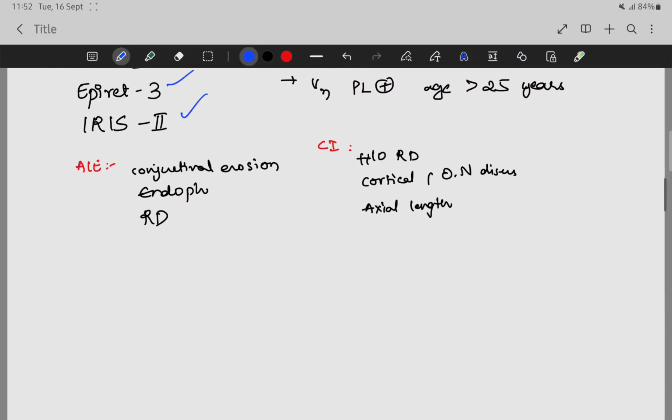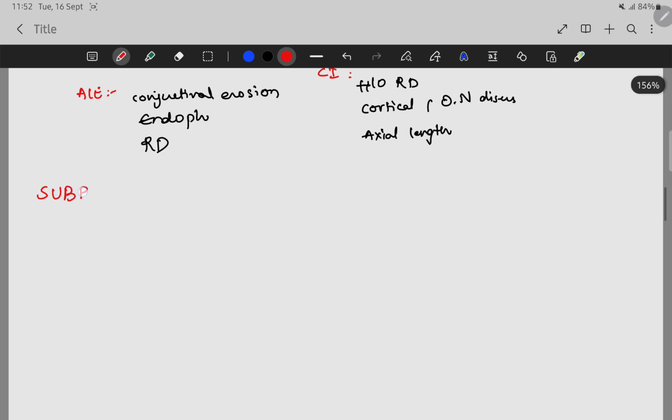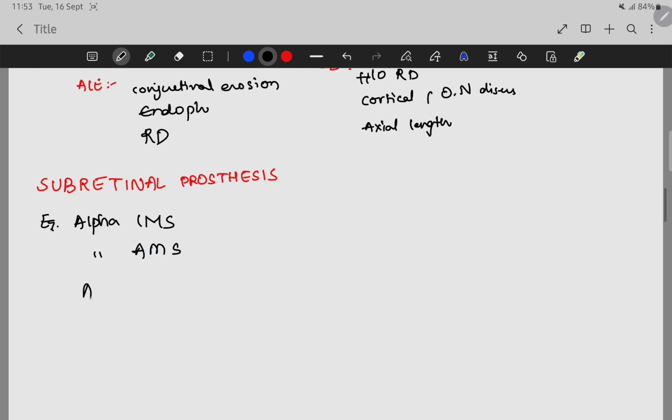So coming to subretinal prosthesis. The examples are alpha IMS, alpha AMS, artificial silicone retina, Boston retinal prosthesis.